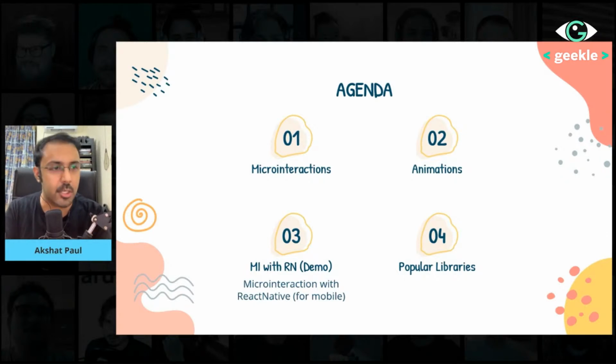Many of you might be actually using them already, but you'll get to know the structure and the fundamentals behind microinteractions. Lastly, what are the popular libraries, especially related to React Native, which you can use in your applications to make things easier and implement these animations and microinteractions in a much faster way.